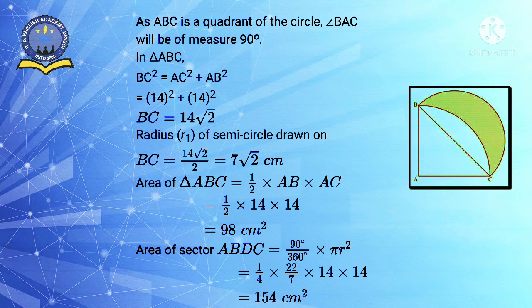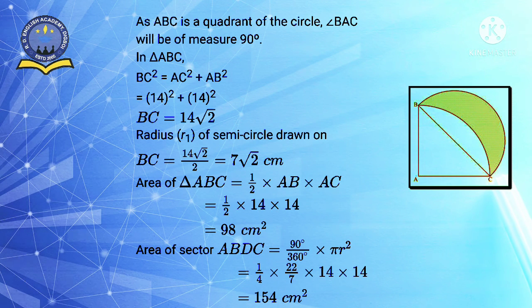Okay, now we have to find the sector ABDC. The sector formula we know: theta by 360 into pi r square. Here theta is 90 degrees, 90 by 360 into pi, which we write as 22 by 7, and the radius is 14, so 14 into 14.